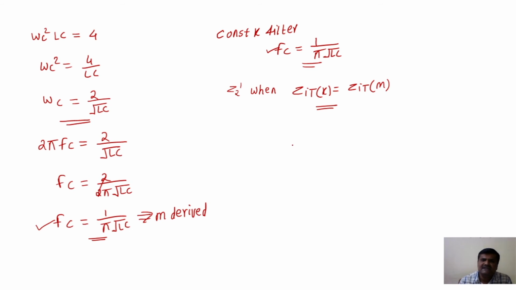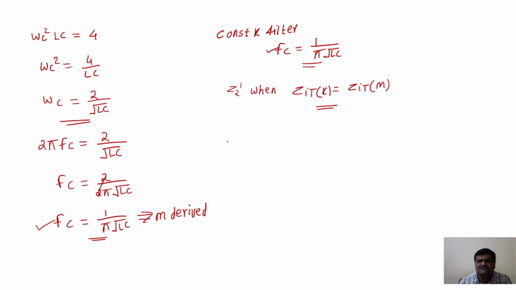So the meaning is that if both have the same cutoff frequency, same attenuation constant, same image impedance or characteristic impedance, then that is what you can achieve by designing the m derived filter.